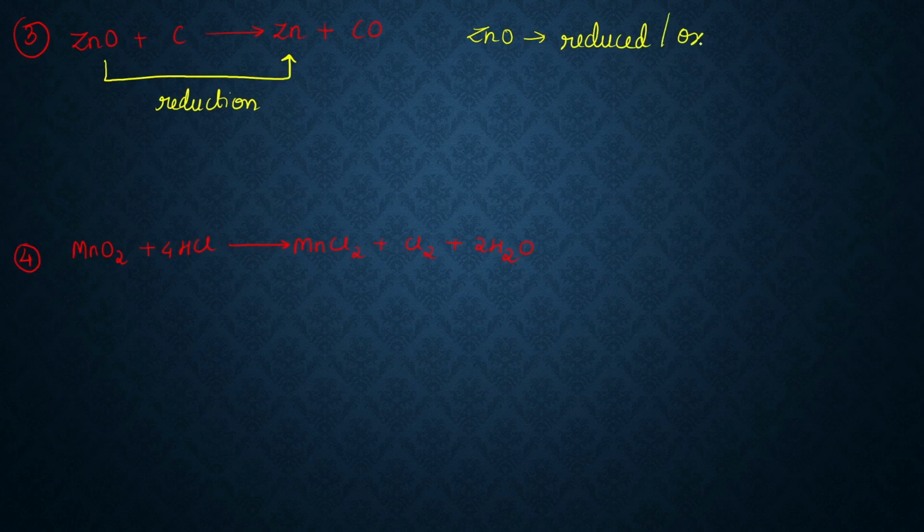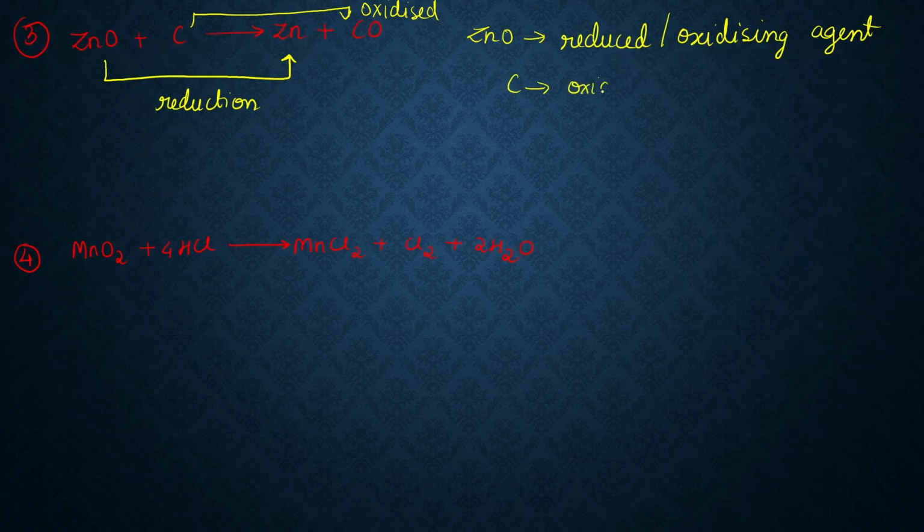In other words, I can say that it is an oxidizing agent. Next, carbon is gaining oxygen, so it is oxidized. I can say carbon is oxidized, or is a reducing agent.